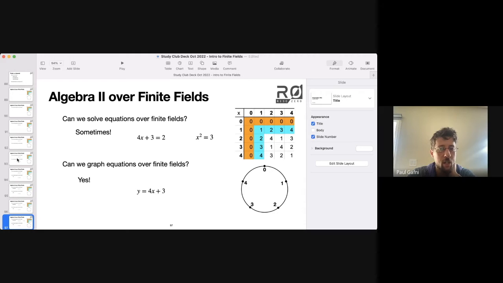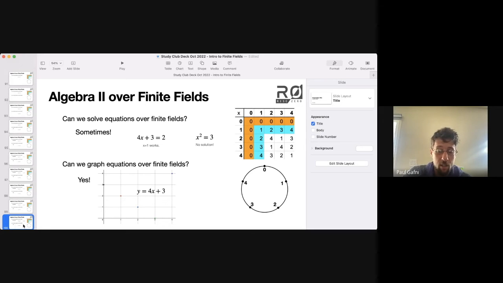But the second equation that I have up there, x squared equals 3, you're not going to find any solution, at least within this field, to that equation. So we'll talk a little bit more about that second equation, x squared equals 3, in a moment. But I wanted to just give it some visual context for thinking about finite fields and graphing with finite fields.